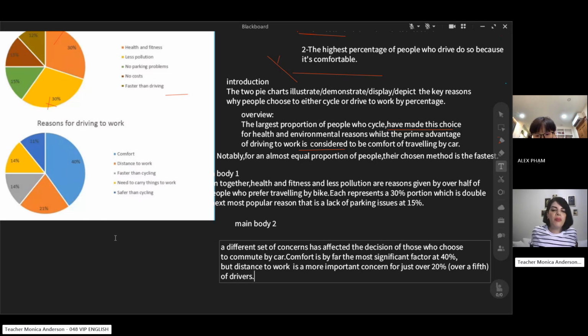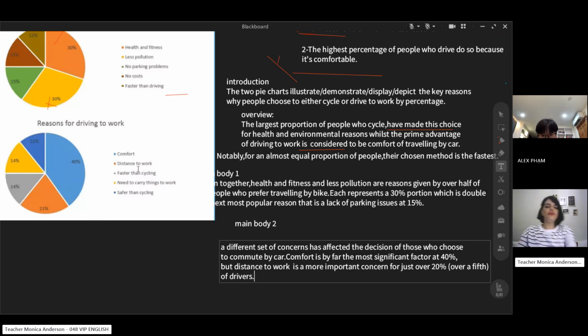The next one: what we discussed in our overview, three main features. Do you remember the third one? The speed, of course. How much? Tell me the percentage. It's 14, as you can see, the gray section, 14% faster than cycling. You agree?